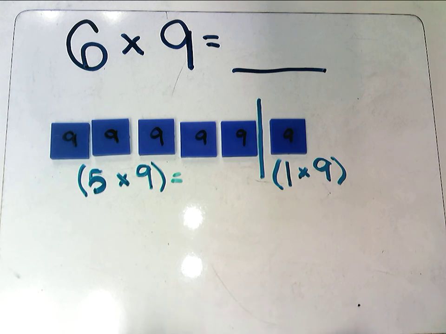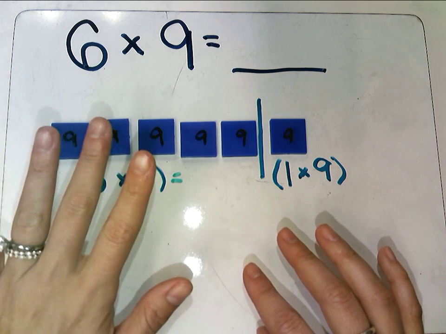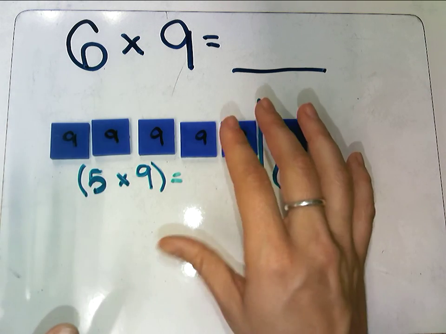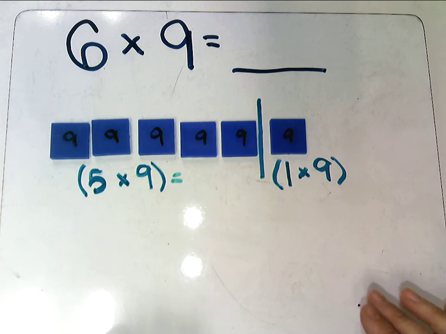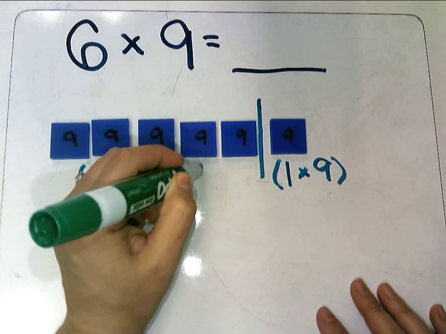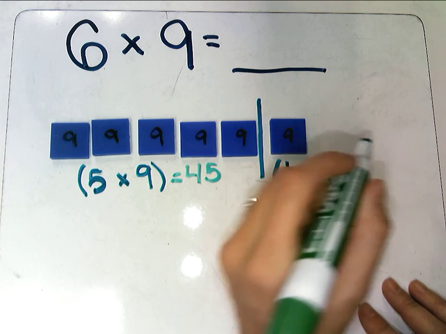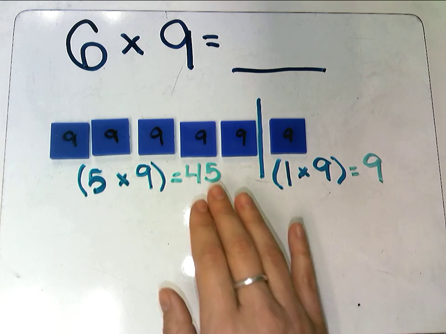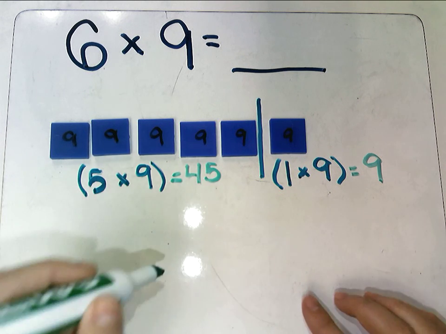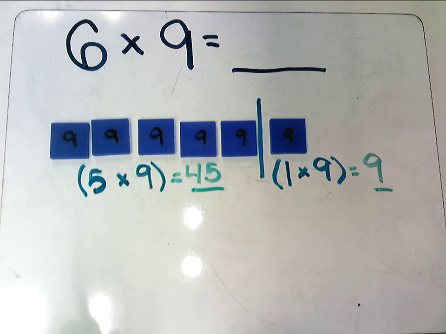Skipping counting by 9s, or I could go 5, 10, 15, 20, 25, 30, 35, 40, 45. So 5 times 9, 45. And we all know that anything times 1 is itself, so 1 times 9 is 9. So here are our 2 values for each part of our picture.